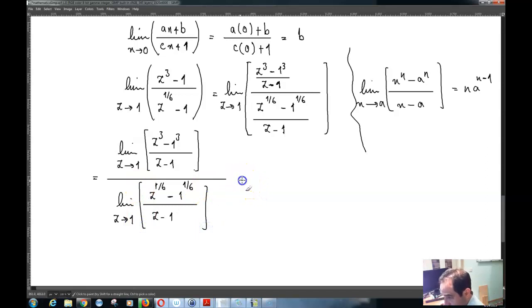And then you can use this to evaluate the numerator and the denominator, meaning that you can write this as n times a^(n−1), so 3 times 1² over 1/6 times 1^(1/6 − 1).